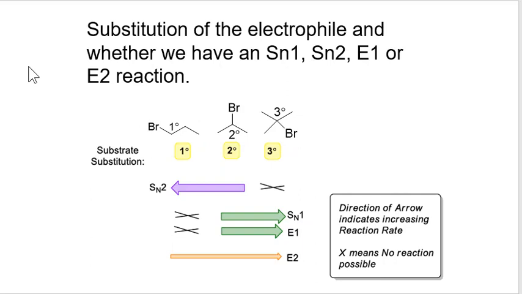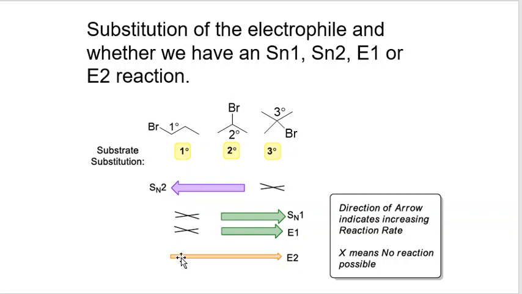So substitution. This looks like it doesn't narrow things down very much, but it actually helps a lot. If you have a primary or actually a methyl group bonded to your leaving group, then you're going to most likely have an SN2 reaction. We'll see in a couple of slides.